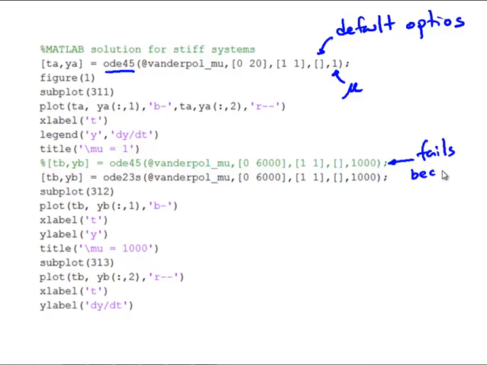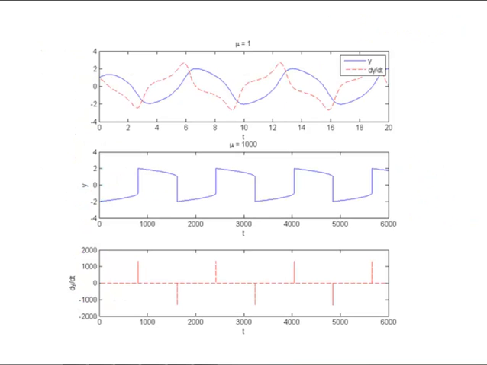And that's because of the stiffness of the system, or of the ODE. But then we can try solving with a solver that's actually built for a stiff system, ODE23s, and we find that that works. And we can look at a plot of the solution and really see that stiffness. So here is a plot of y and dy/dt for mu equals 1, and we see a smooth oscillating function moving through.